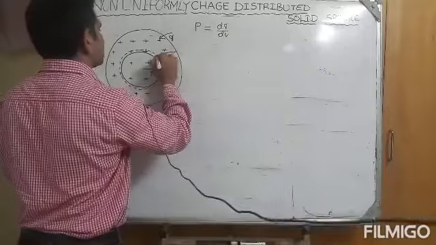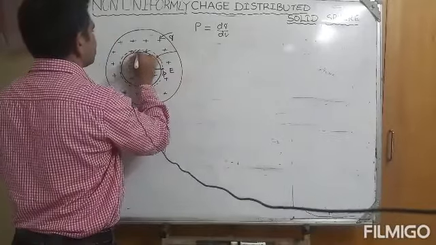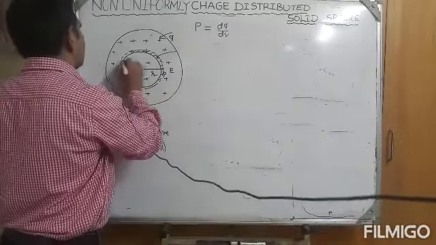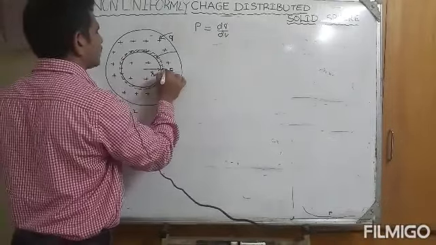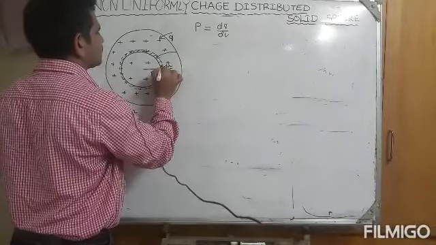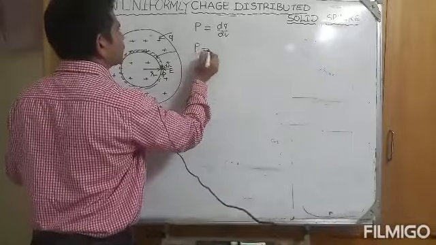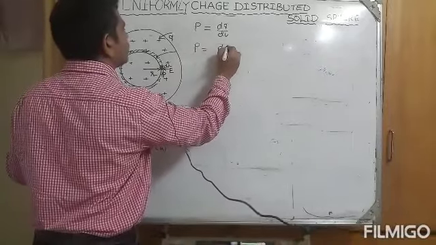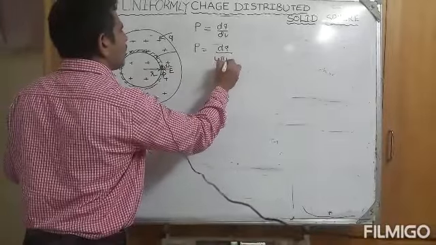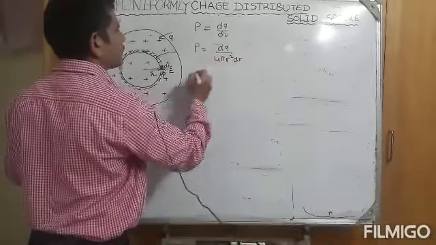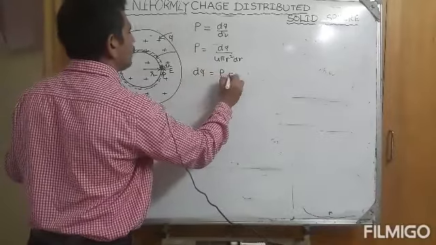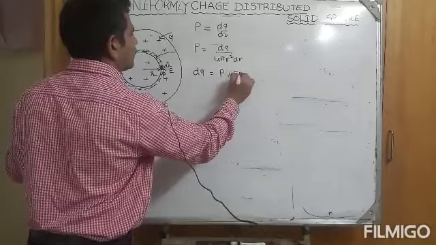On this shell, if the radius is r and the thickness is dr, then the volume is 4 pi r square dr. Therefore rho is equal to dq by 4 pi r square dr, and dq is equal to rho 4 pi r square dr.